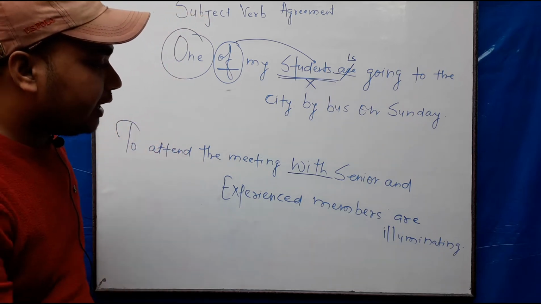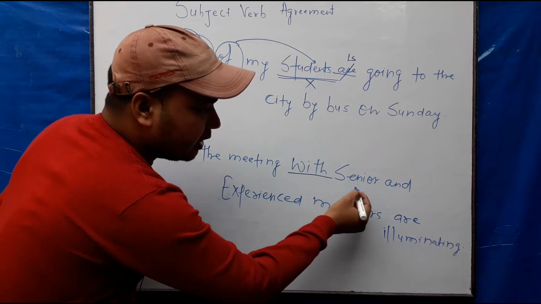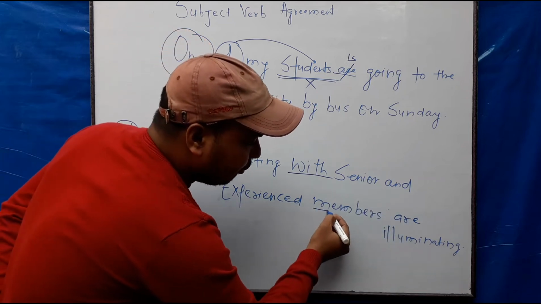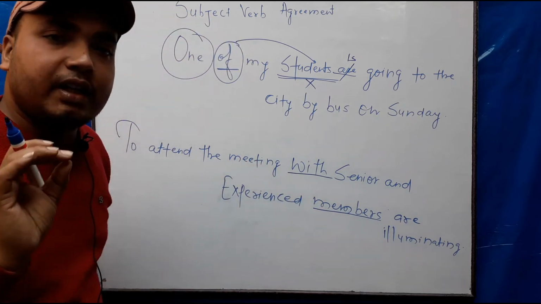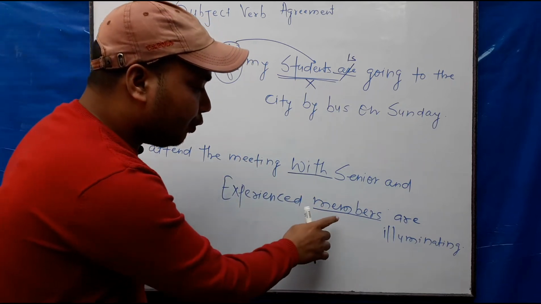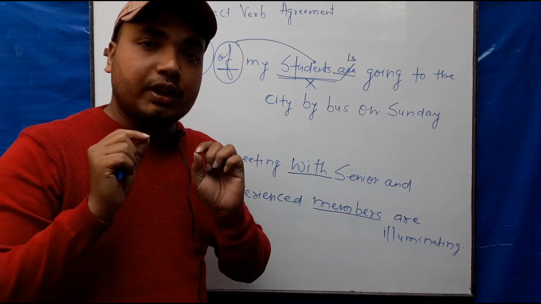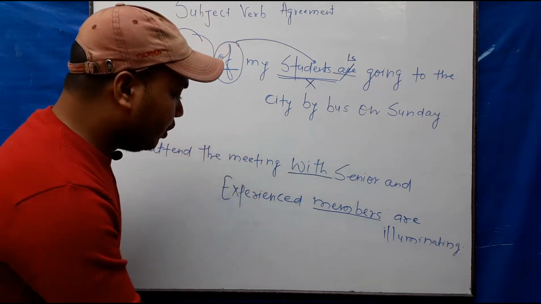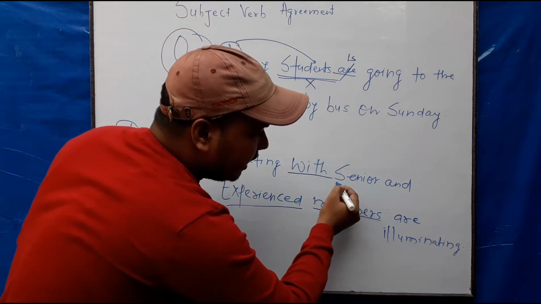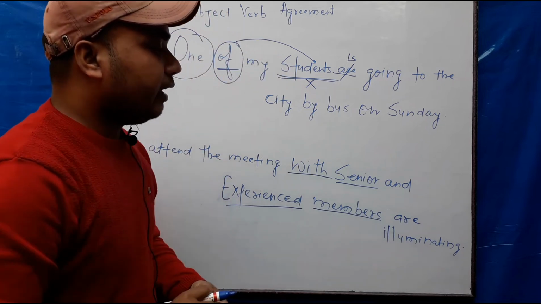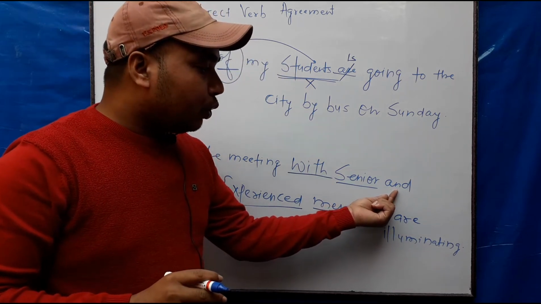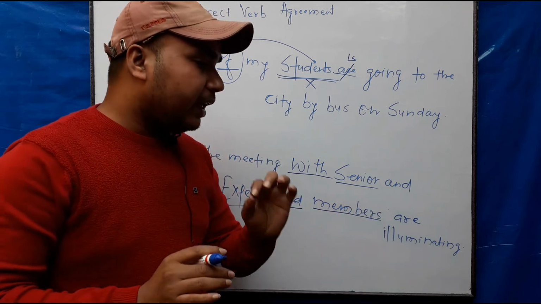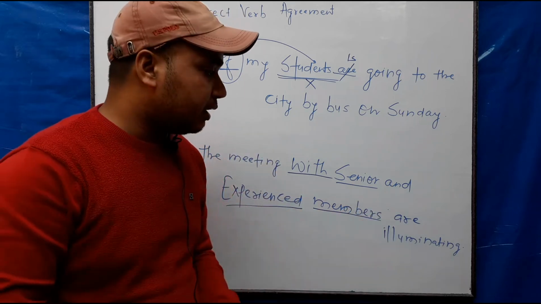See here, senior and experienced members. Members is a noun here, and you have read that before a noun you can put an adjective. So experienced and senior are adjectives here, and I have discussed in the conjunction chapter that a coordinating conjunction joins same-rank structures.